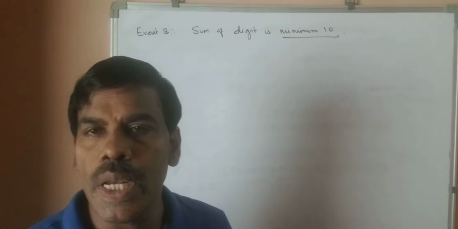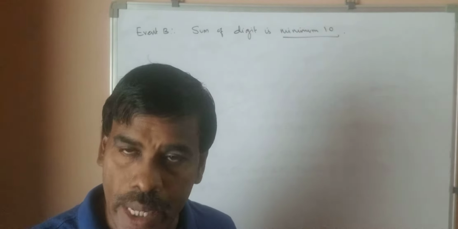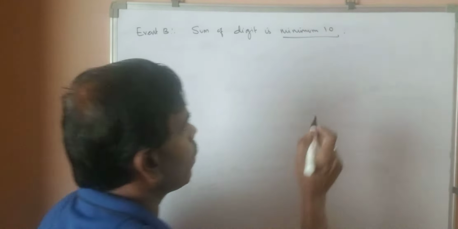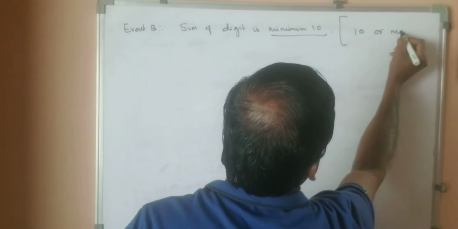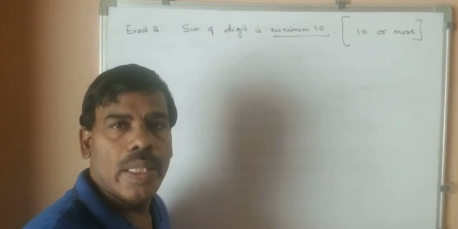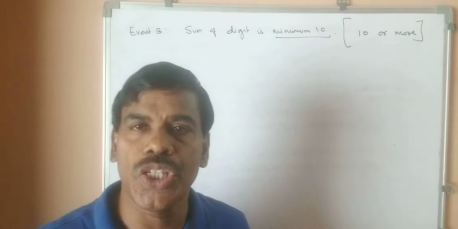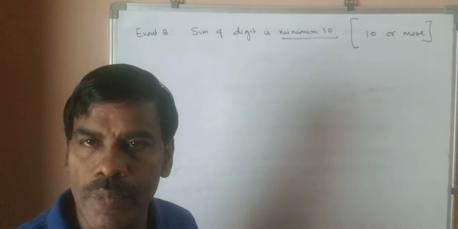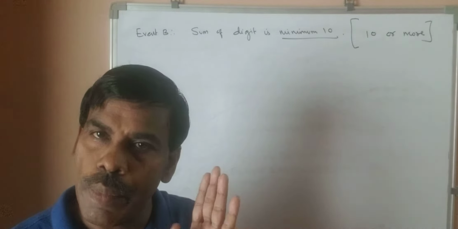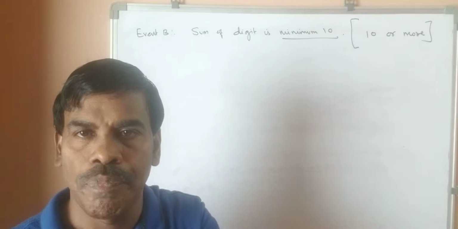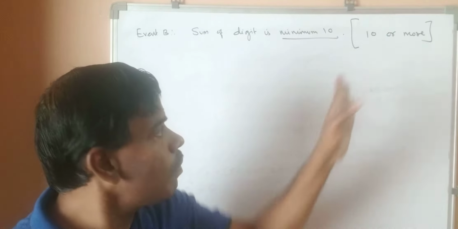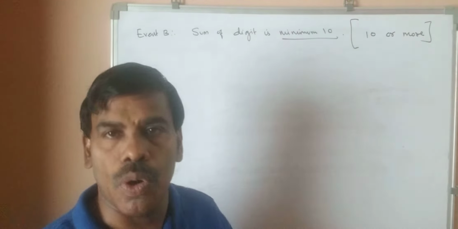Minimum means what? Minimum 10 means what? It should be 10 or more. In the examination, if the passing mark is 35 minimum, that means what? You should take minimum 35, or you can take 36, 37 up to 100. Correct? Minimum 10 means 10 or more.